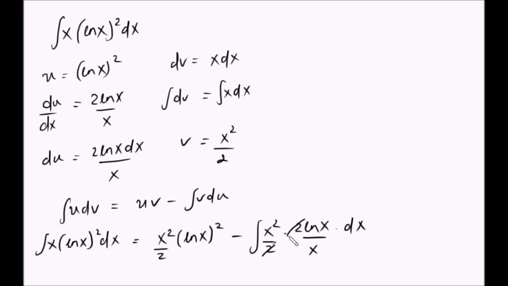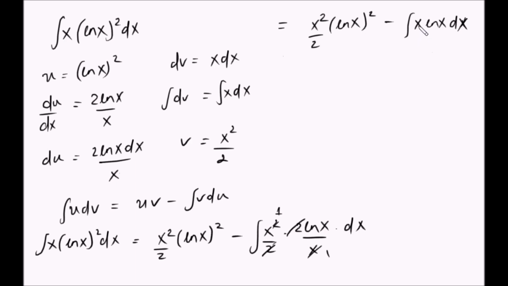So 2 anakufa na 2, x anakufa na x moja hapa, inabaki x power 1. So kumbe huyu ni sawasawa na x squared over 2 times the square of ln of x minus, so hapa baada ya kukatakata hapa nimebaki na x ln x dx.